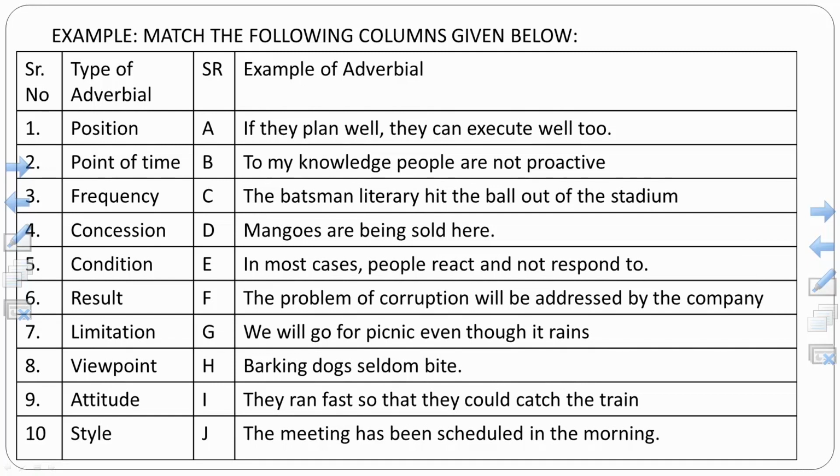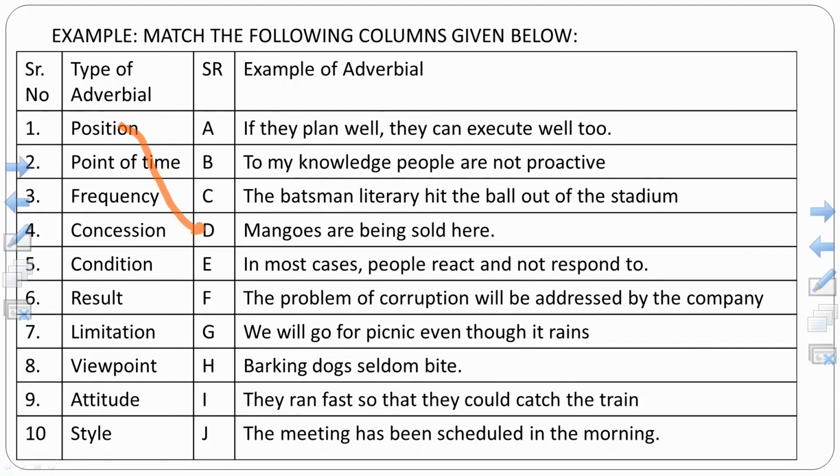Now let's look at the first one, that shows position. As we studied in position, as you can see, so what will be the answer? The answer for the first one is D, which means mangoes are being sold here, it shows the position. Now point of time.